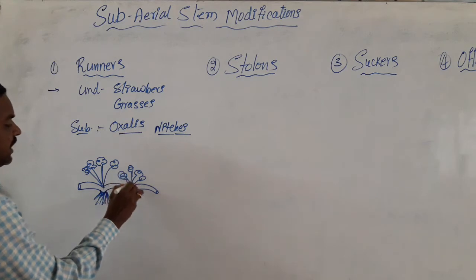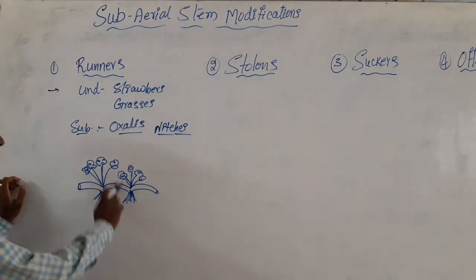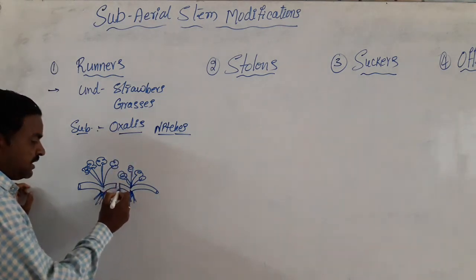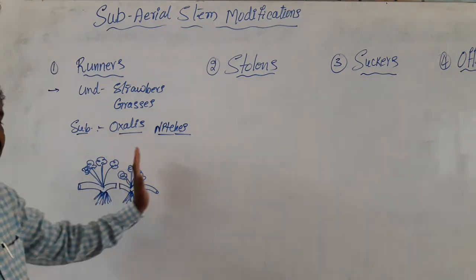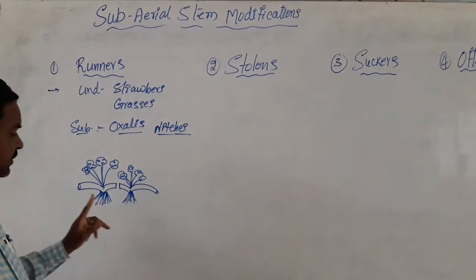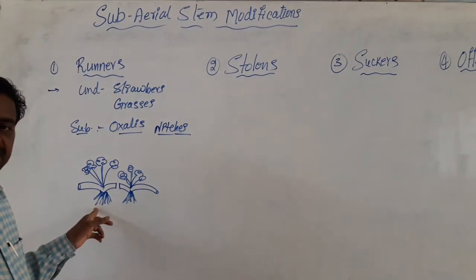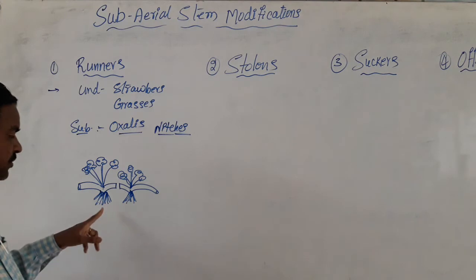When the internodes break off from the mother plant, automatically this node with the roots and leaves leads an independent life.